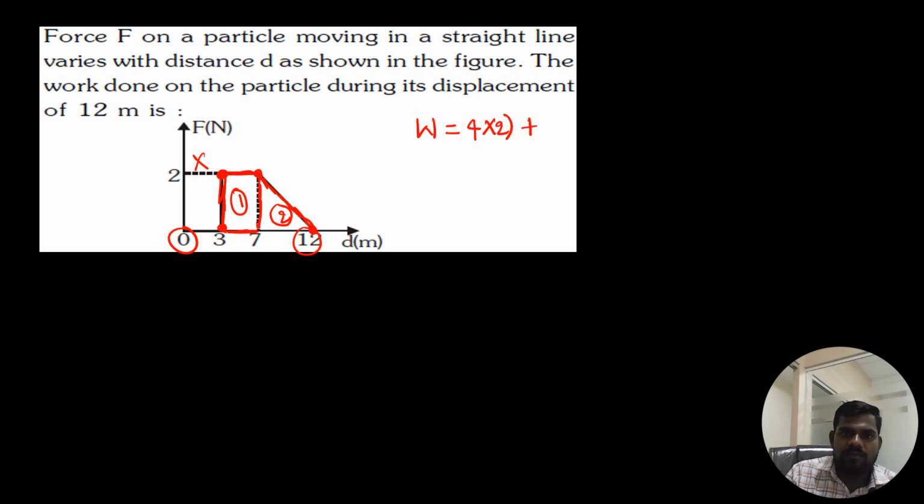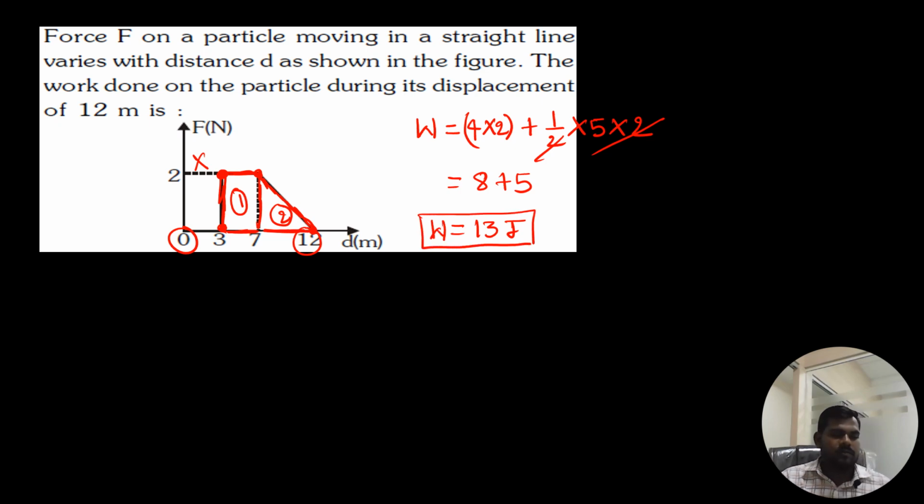So plus triangle: 1 by 2 into base, 12 minus 7, which is 5, into height, again 2. The 2s get cancelled, then 4 into 2 is 8, plus 5, that is 13 joules of work done. That's it. This is the answer for this last question.